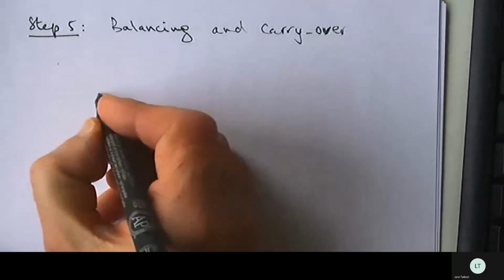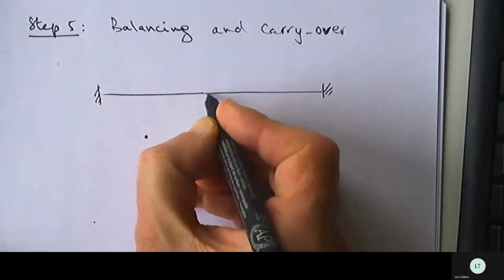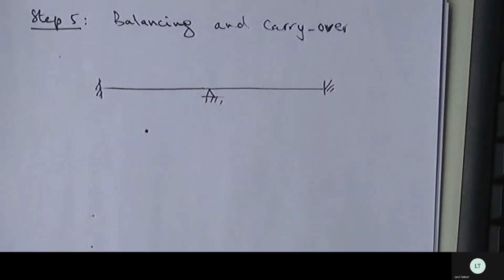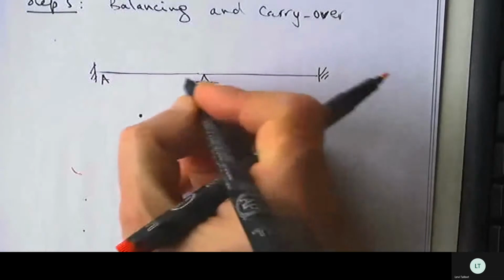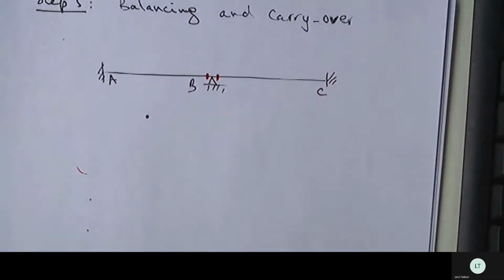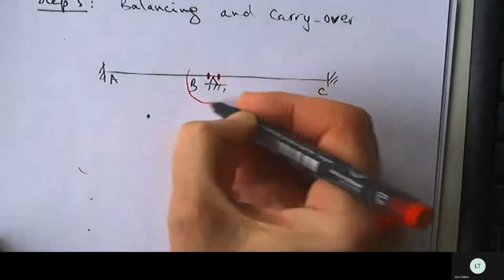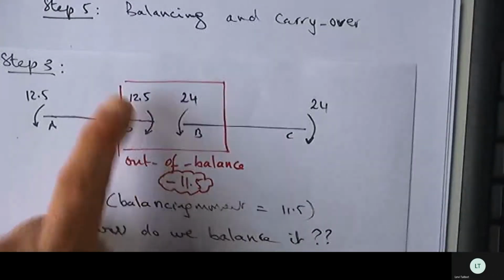If this is our B, and we've got support there, and we've got moments, if this is A, B, C, we've got moments here, left and right of B. These are the moments we are trying to balance at B.